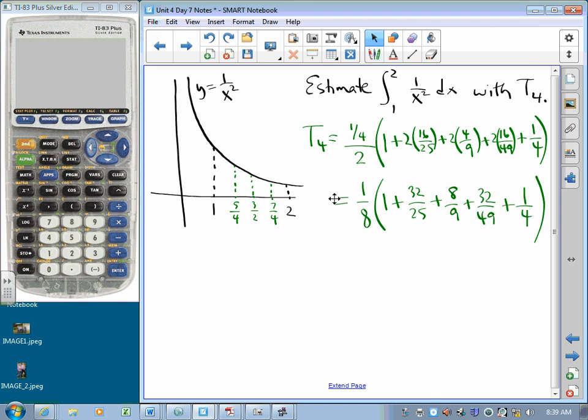And we add them all up and divide by 8. And that's approximately, take a picture, 0.509.